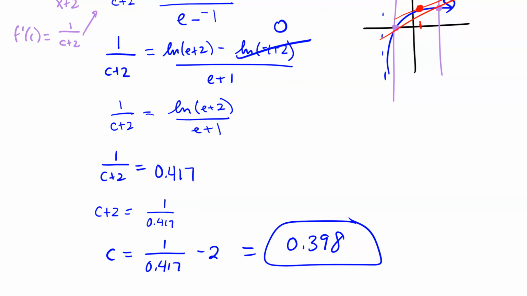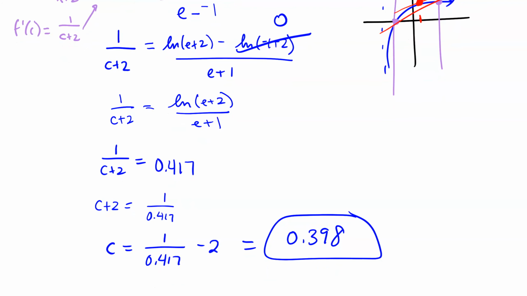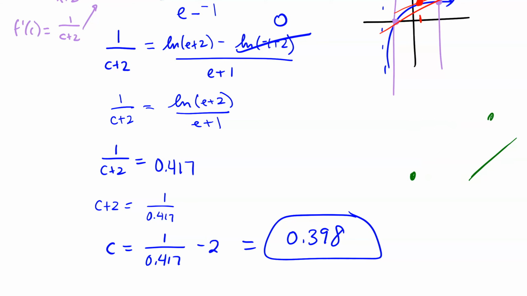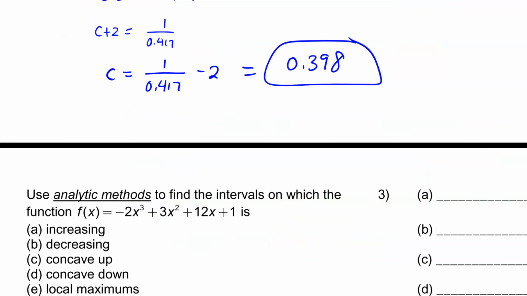Because imagine I had a graph like this. I have my endpoints and the slope. There could be multiple points, right here, right here, right here, right here. There could be like 4 that satisfy it. Cool.